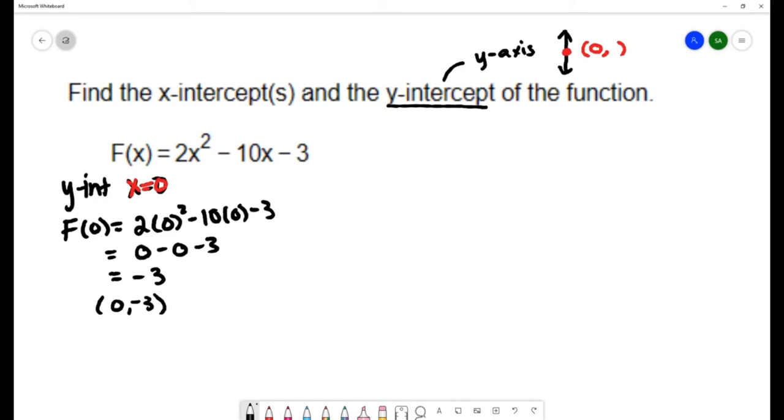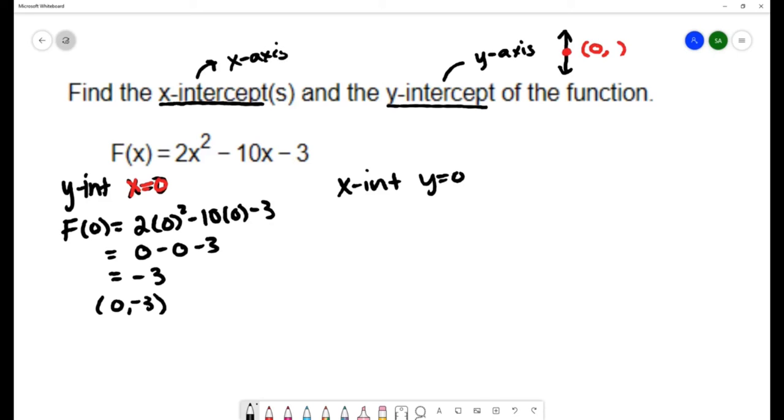So then we want to find our x-intercepts. To find an x-intercept, we're going to let y equal 0. Let's pause for a moment to say why we're doing that. The definition of an x-intercept is that it will be at a point where the graph crosses or touches the x-axis.